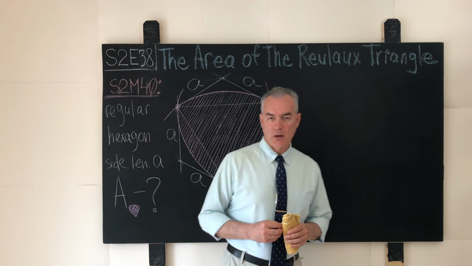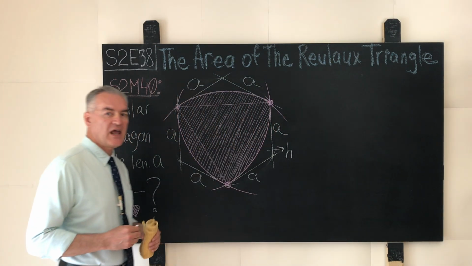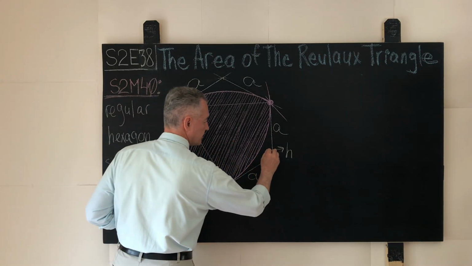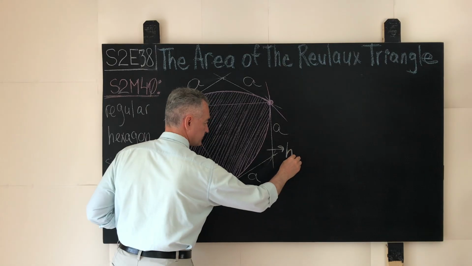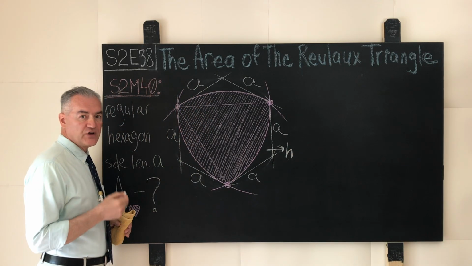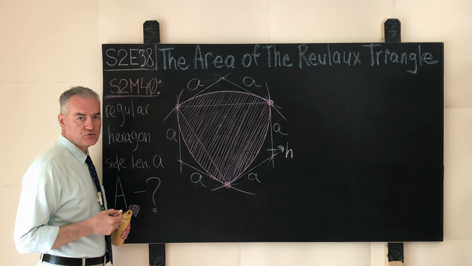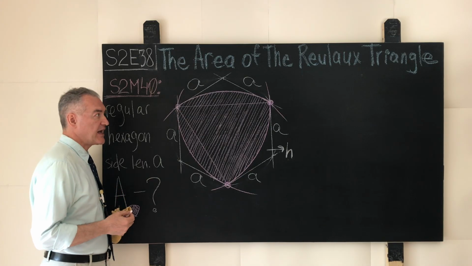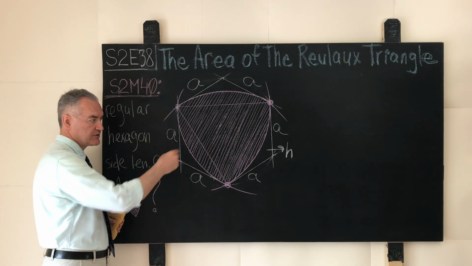In the mathematical problem S2E38, every other vertex of a regular hexagon, designated over here with the lowercase letter h, plays the role of the center of a circle, the length of whose radius is equal to the length of the shortest diagonal of a regular hexagon h.